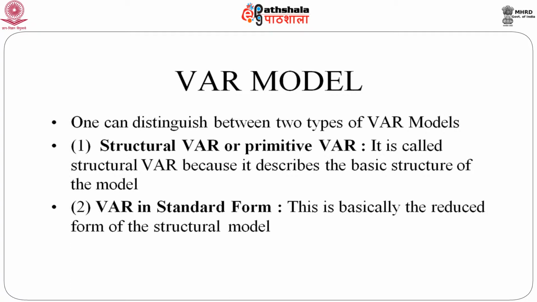Now, in this context, we can distinguish between two types of VAR model. The first is the structural VAR or primitive VAR. It is called structural VAR because it describes the basic structure of the model. The second is VAR in standard form. This is basically the reduced form of the structural model, and it is derived from the structural VAR model.